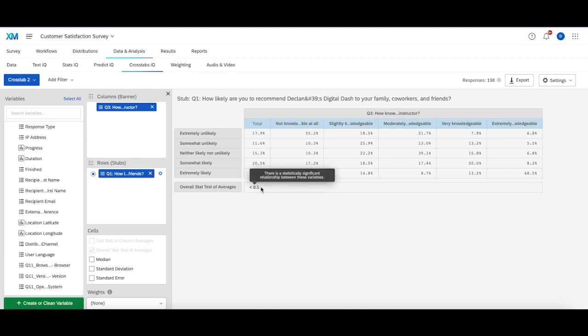And this number right here tells us that these two are actually fairly correlated, and there's a statistically significant relationship between how knowledgeable someone found the course and whether or not they were able or willing to recommend this to their family and friends.